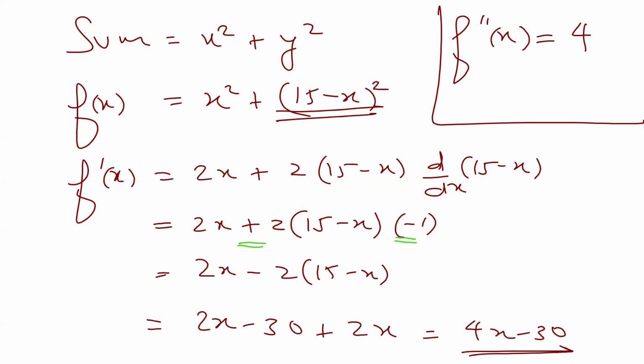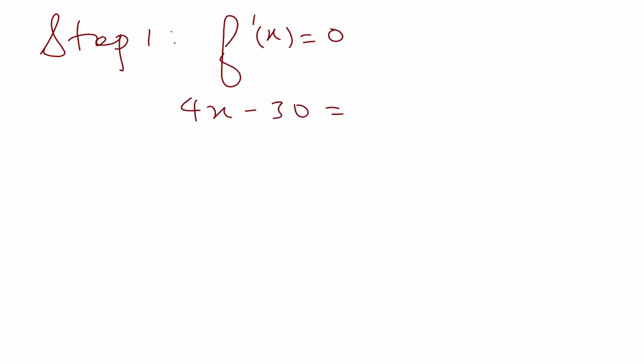Once we have calculated f of x, f dash x, f double dash x, rely on step 1 and step 2. Step 1: f dash x is equal to 0. 4x minus 30 is equal to 0.